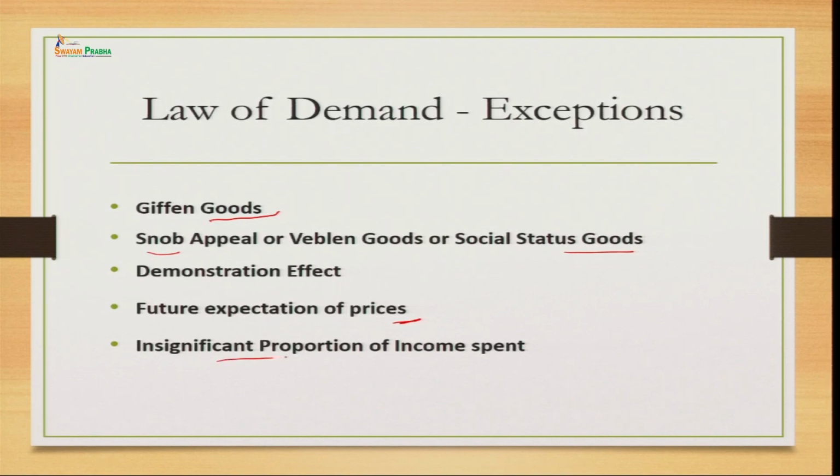The next is the insignificant portion of income spent. This is again important. It concerns the purchase of commodities on which you are spending a very insignificant proportion of your income. Suppose you are earning very well, your salary is very good, and the price of a candle increases from 10 rupees to maybe 12 or 13 rupees.